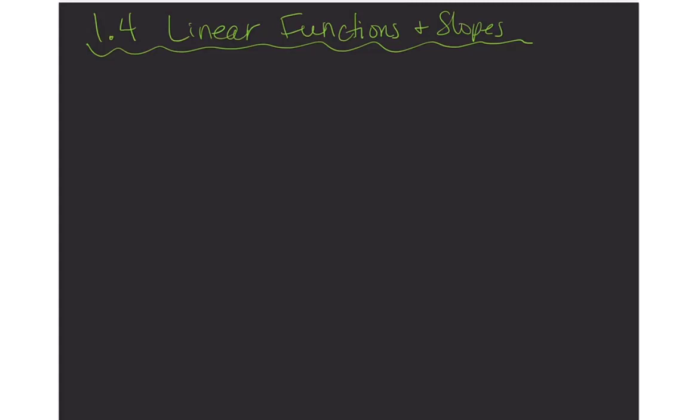All right, so if we're talking about linear functions, we want to know how to get from one point to the next. So we look at that famous thing, the slope. And we know that slope is ultimately the change in y over the change in x.